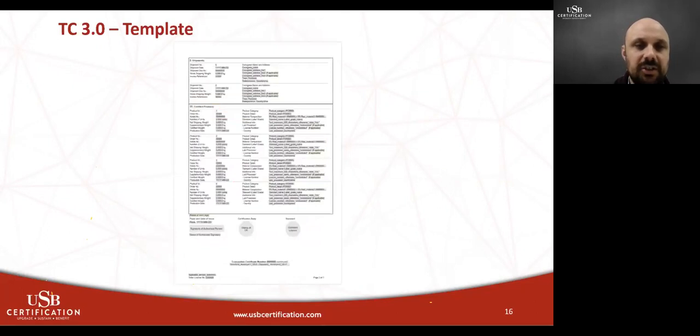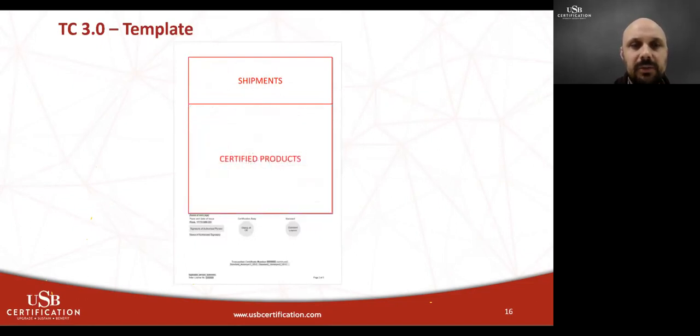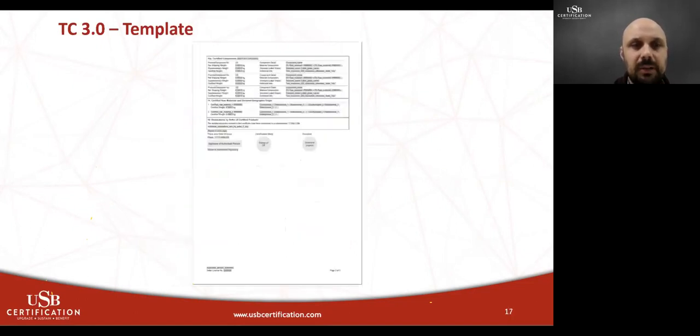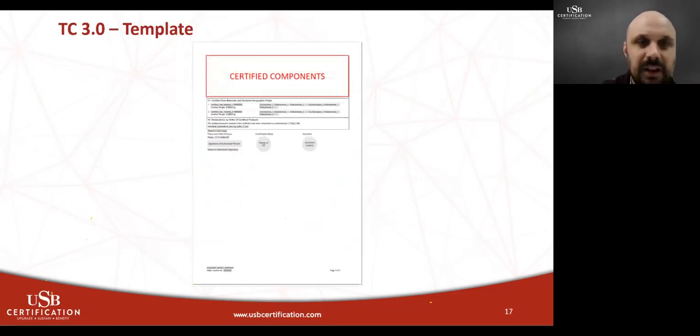In the second section, you have the shipments and certified products. In the third part, you have certified components, which is an extension of certified products, and we will go into detail for. You have the raw material and origin information.